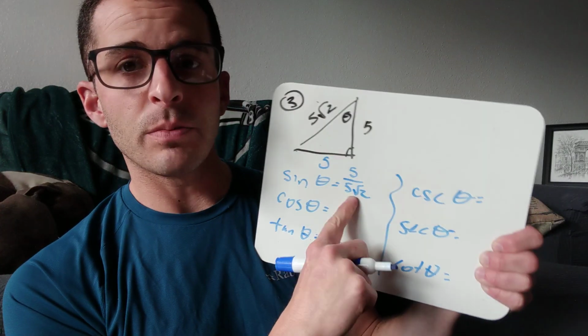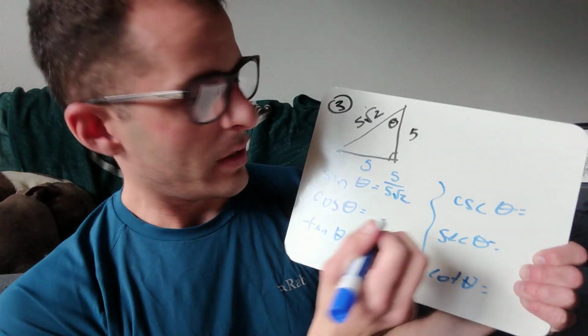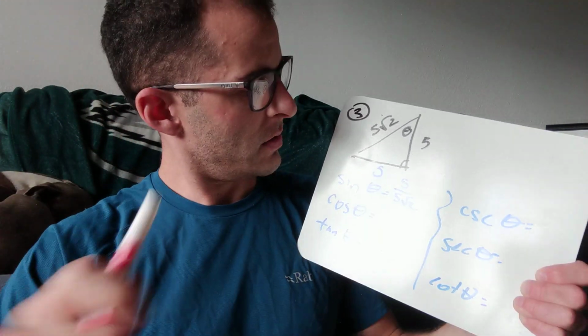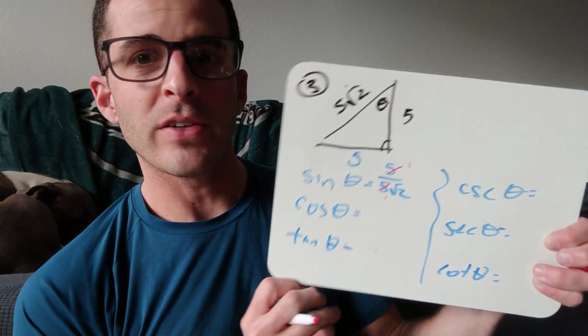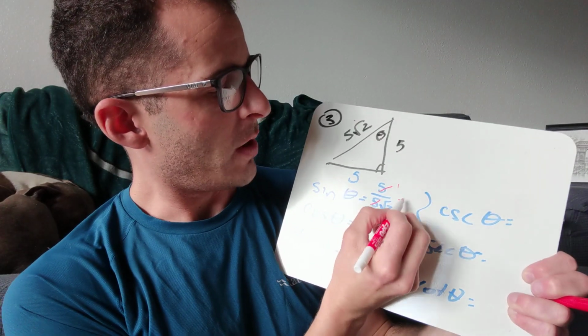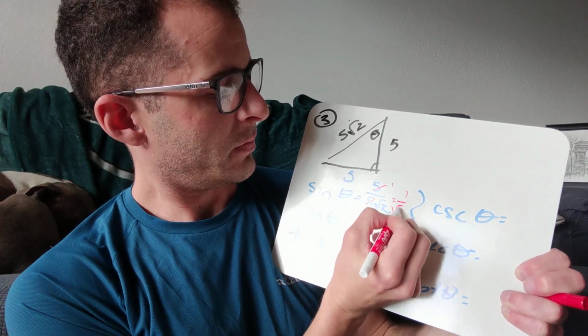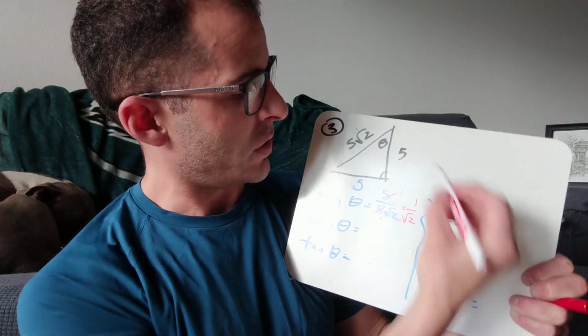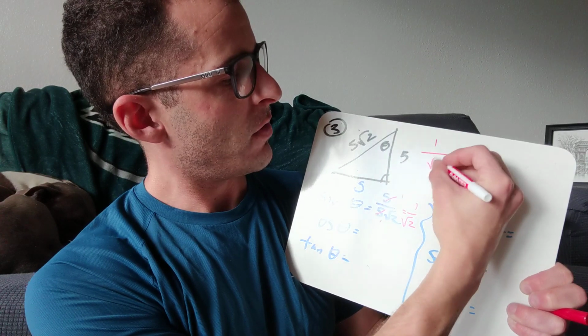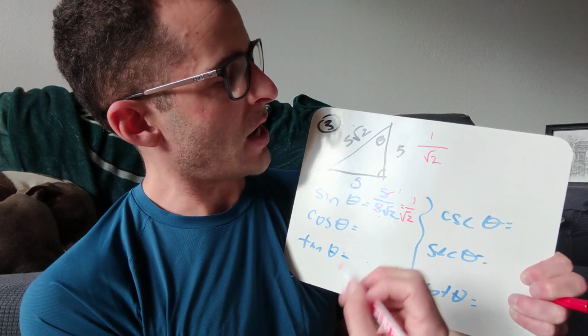All right, that's not simplified though. We can take out a 5, right? That simplifies to 1 over 1 rad 2. All right, but if you remember from a previous chapter, you're not allowed to have a radical in the denominator. So what do we do?